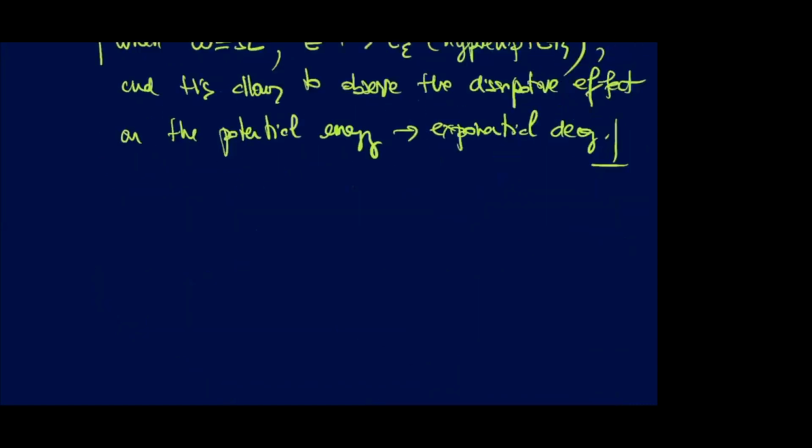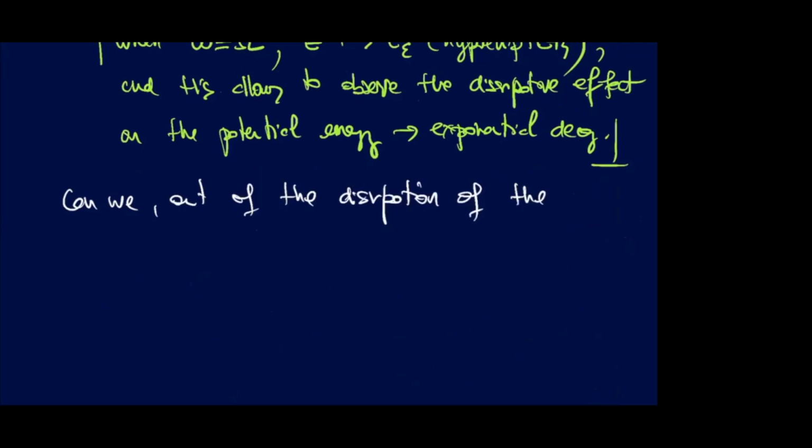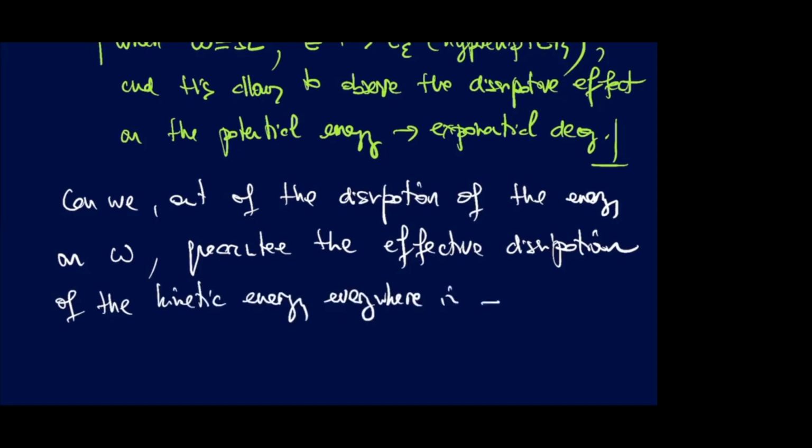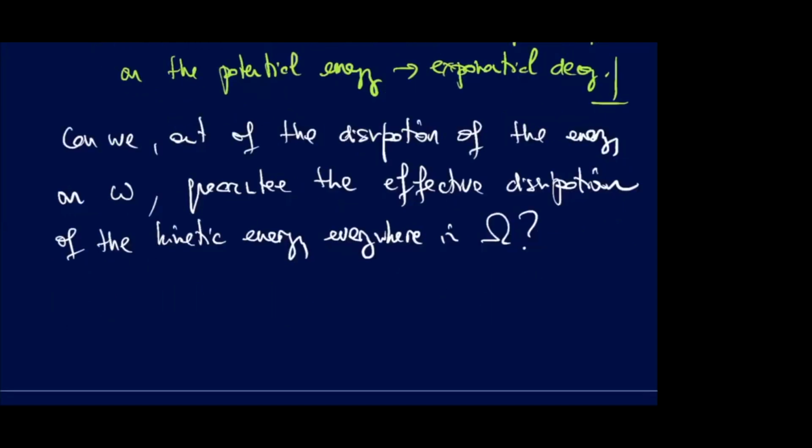So can we, out of the dissipation of the energy on a small omega, guarantee the effective dissipation of the kinetic energy everywhere in capital omega? Can we do that? Well, this is something that is tricky.